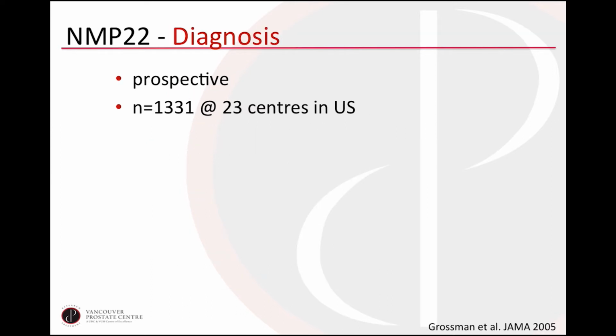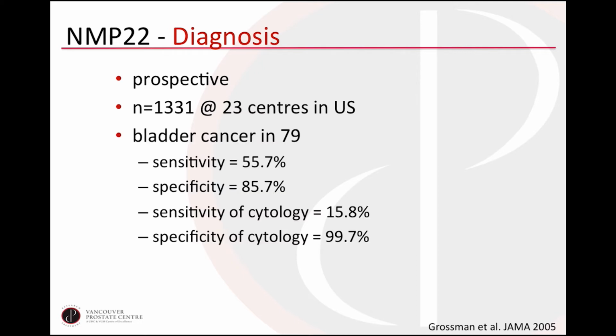Some of the best data we have, from the quality of the studies and the quality of the data, is for NMP22. Bart Grossman led 2 multicenter trials, one for diagnosis and one for surveillance. You see the diagnosis study here is prospective, 23 centers in the US, 1,300 patients. Only 79 had bladder cancer, so this shows you how we have to be realistic about what the patient population is.